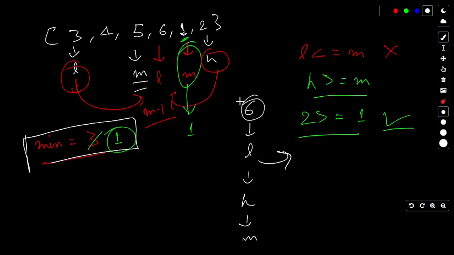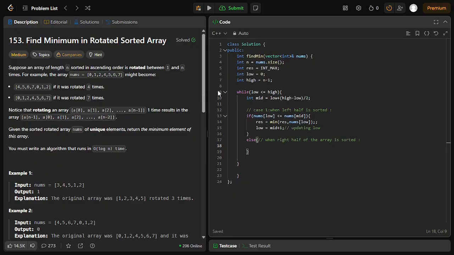If the right half of the array is sorted, then we take the mid value.